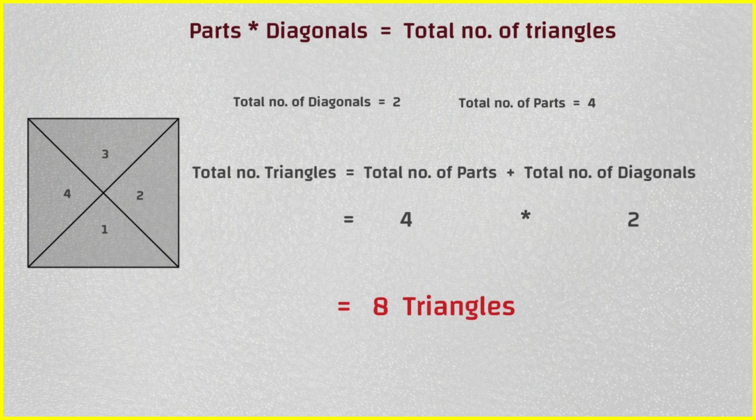Now let's go on to a little tougher problem. In this figure, there are 2 squares joined together in a row. Now, let's try to find out the total number of triangles in this figure. From the previous example, we know that the total number of triangles inside one square with 2 diagonals is equal to 8.